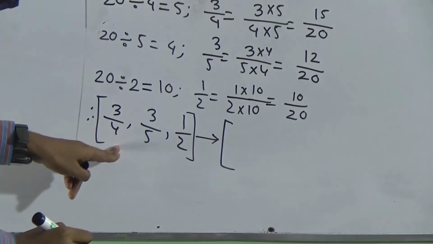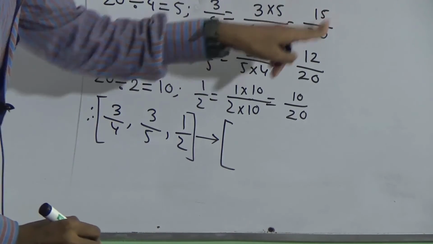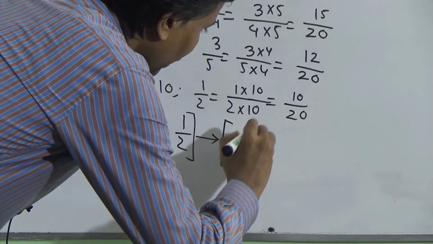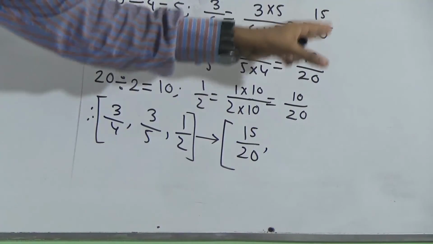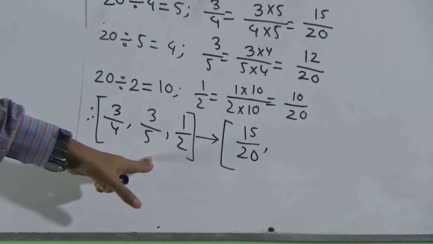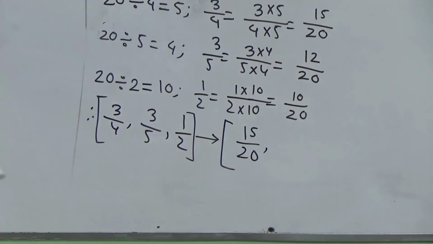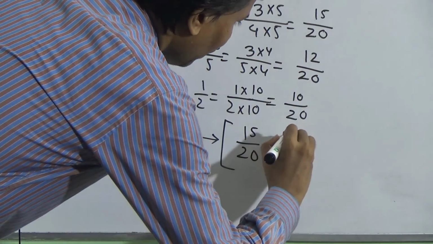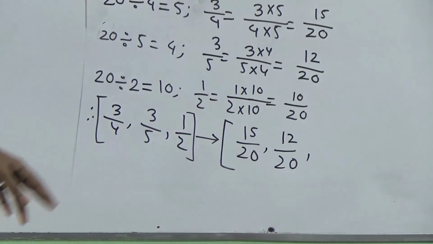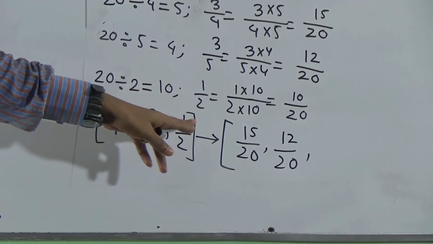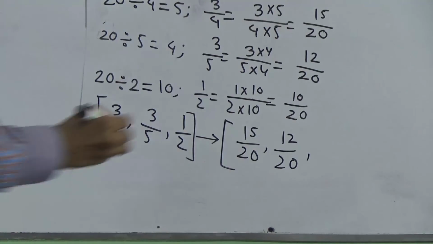Now see 3 by 4 equal to what? 3 by 4 equal to 15 by 20, right? 15 by 20. Then 3 by 5, 12 by 20. Right, 12 by 20. Then 1 by 2 means what? 10 by 20.